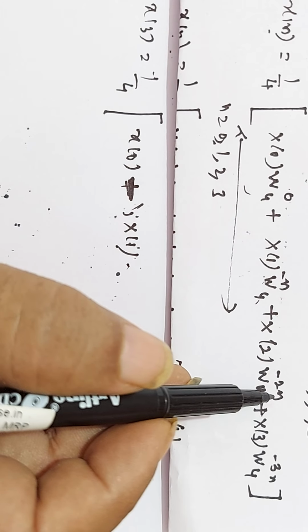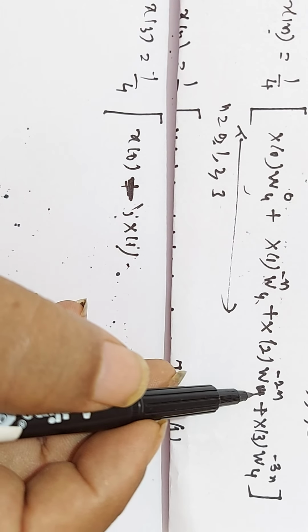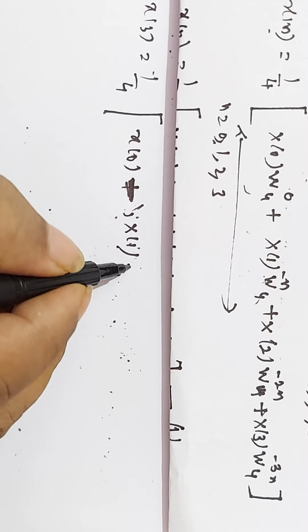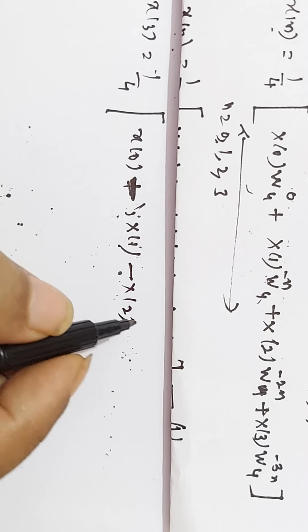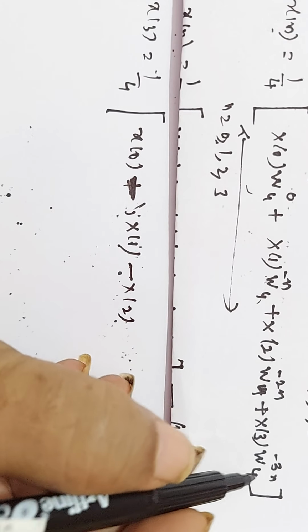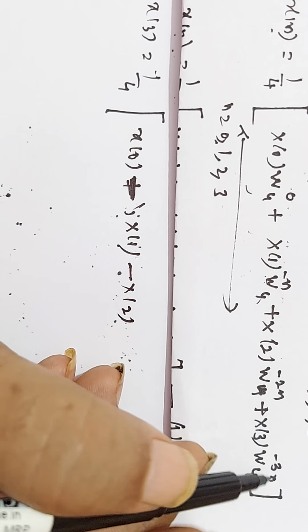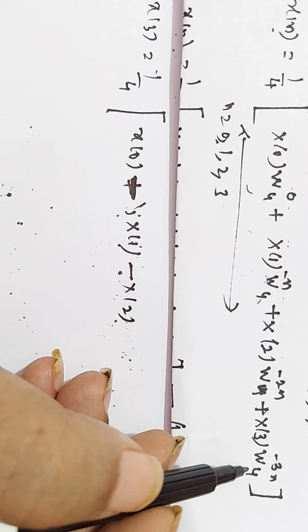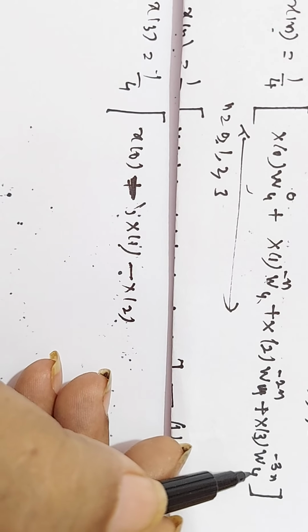Minus 6 is also equal to the second sample. The second sample is equal to minus 1. Therefore, this is minus X of 2, plus X of 3, W4^(-9). 9 minus 4 is 5. 5 minus 4 is 1.